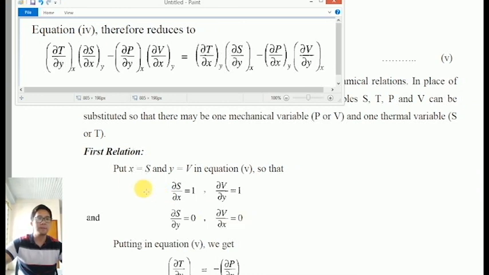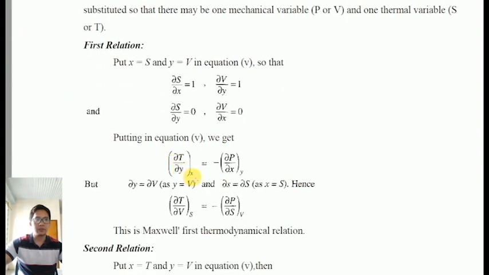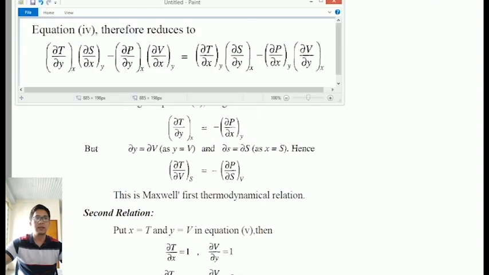So finally we get this equation: del T by del Y at constant x equal to minus del P by del X at constant Y. With y equal to V and X equal to S, we have Maxwell's first thermodynamical relation, that is del T by del V at constant S equal to minus del P by del S at constant V. That is, change in temperature with respect to change in volume at constant entropy equal to negative of change in pressure with respect to change in entropy at constant volume. This is Maxwell's first thermodynamical relation.